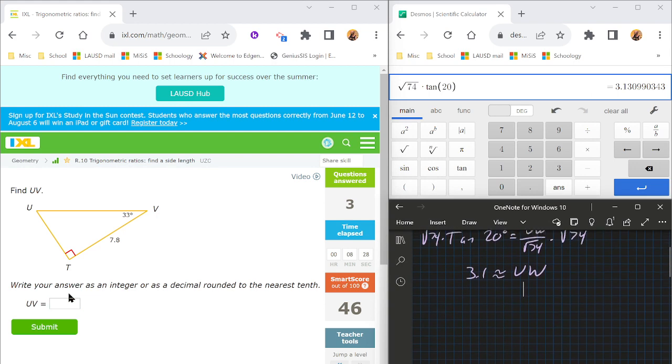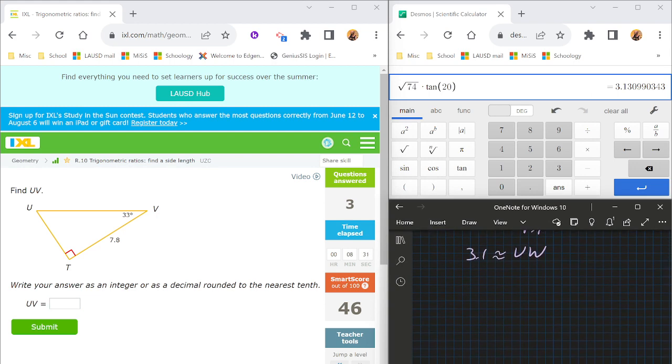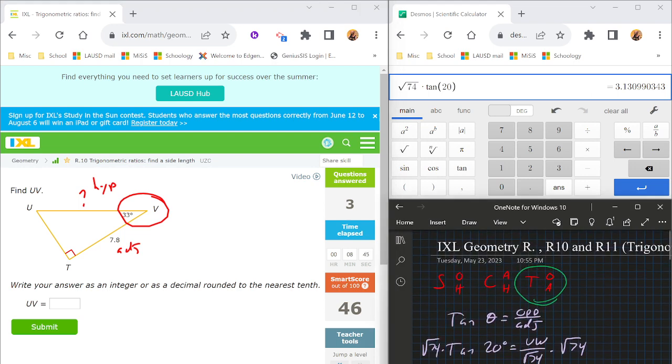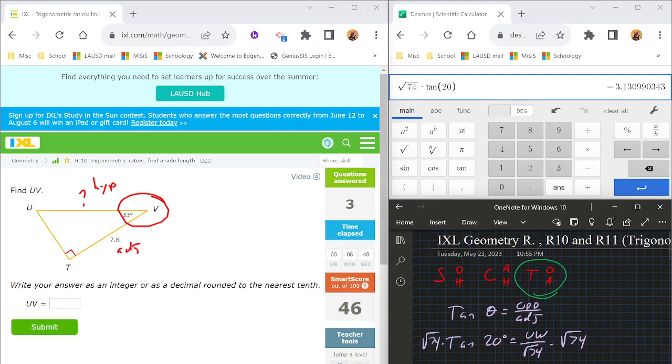This is the last one I'm going to do. Slightly different. I want to know this side over here. So I got this angle right here. This is my hypotenuse. This is my adjacent leg. That's feeding my cosine over here.